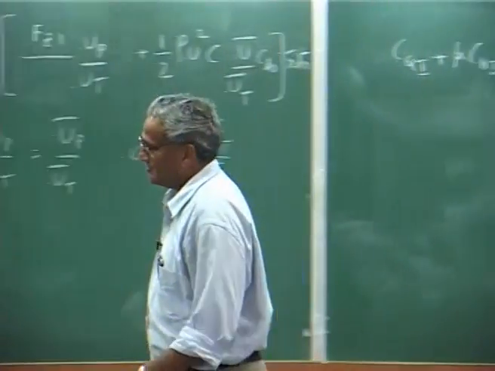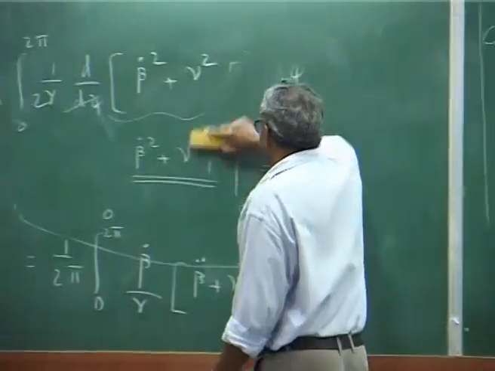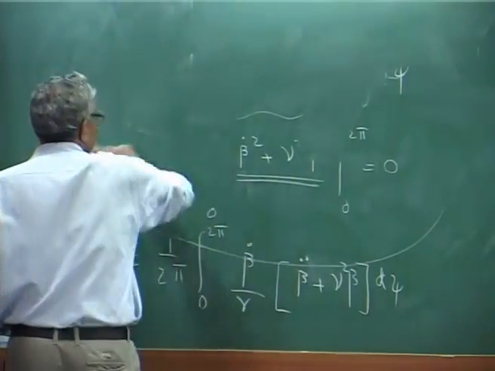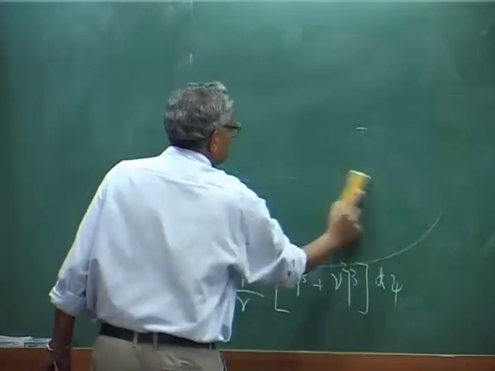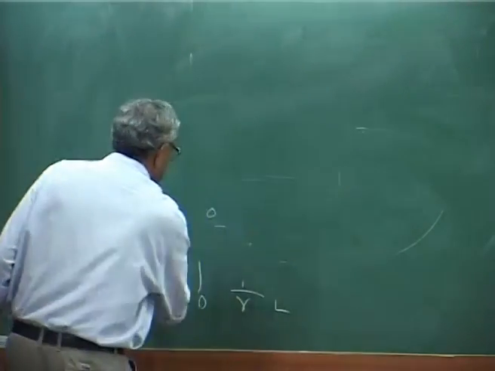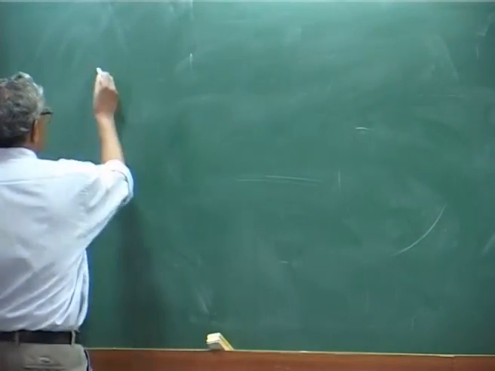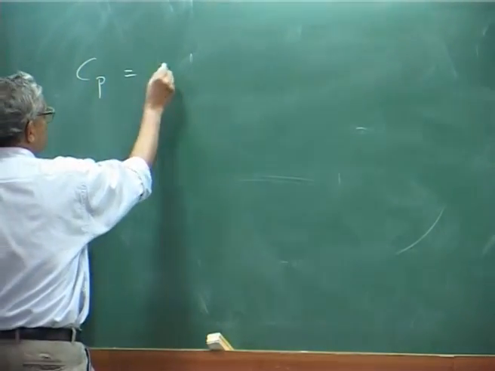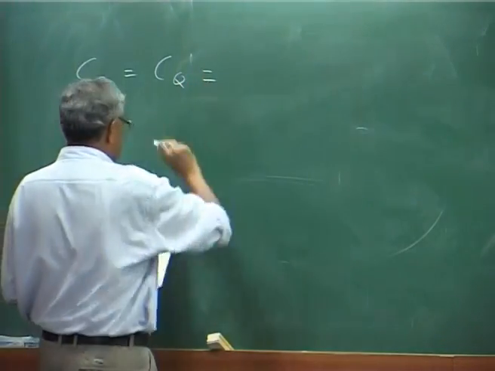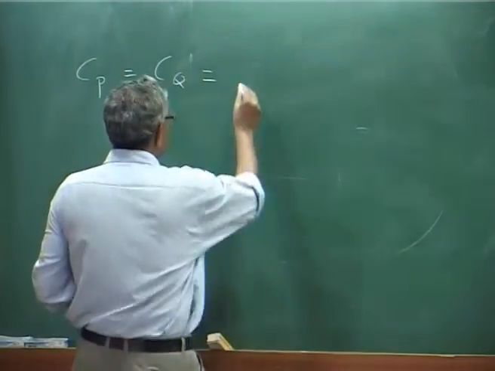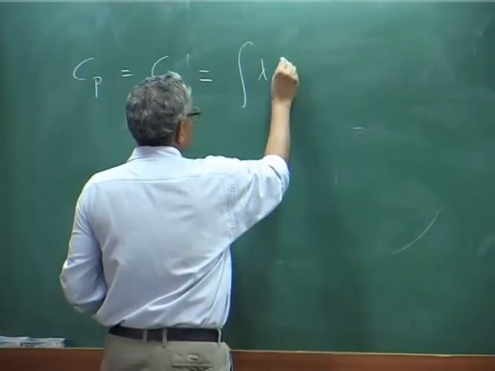Now, if we go back to our formulation of C_Q, the complete one, because we said the power coefficient C_P is nothing but C_Q, which we got with one of the terms lambda dC_T.